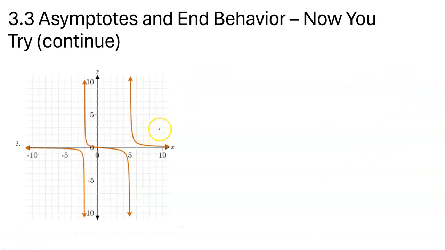Okay, now you try. So this one has several things going on. We have a couple of vertical asymptotes. We've got one at x equals -2 and another one at x equals 5.